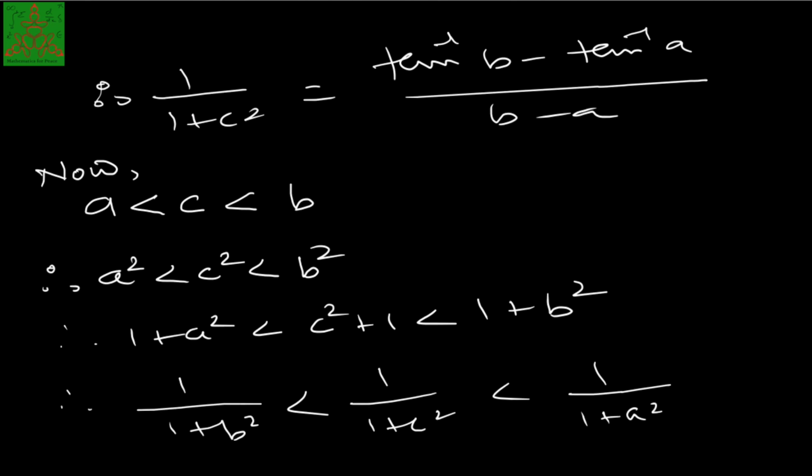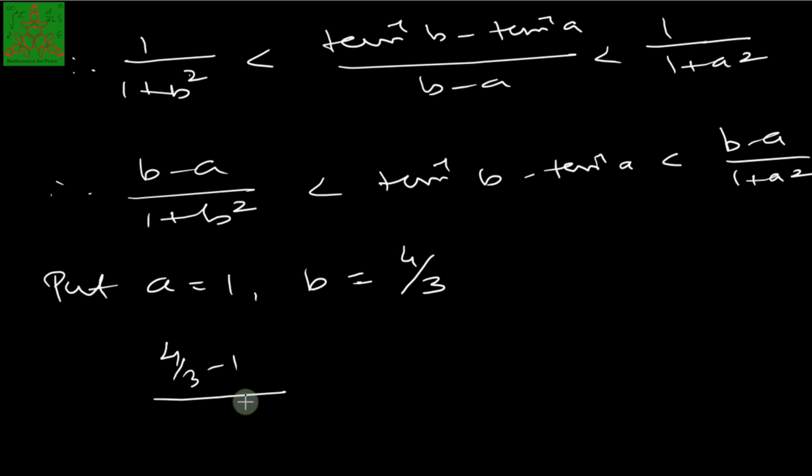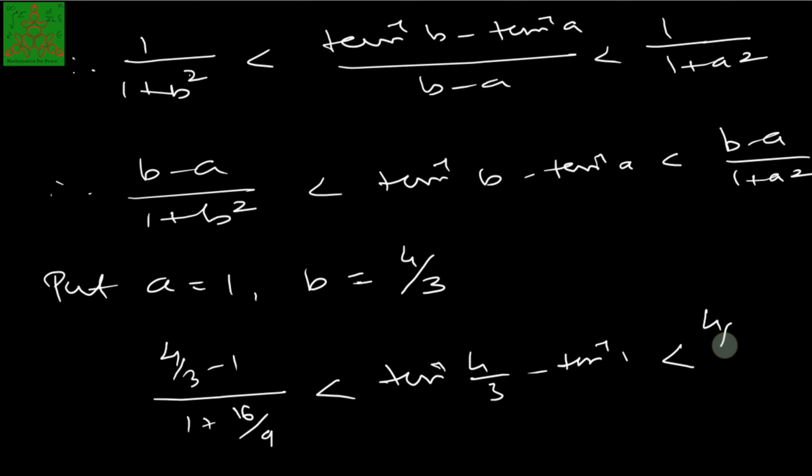So what we can put here, put a is 1 and b will be 4 by 3. That will give me 4 by 3 minus 1 upon 1 plus 16 by 9 less than tan inverse of 4 by 3 minus tan inverse of 1, which is pi by 4, less than 4 by 3 minus 1 upon 1 plus 1.